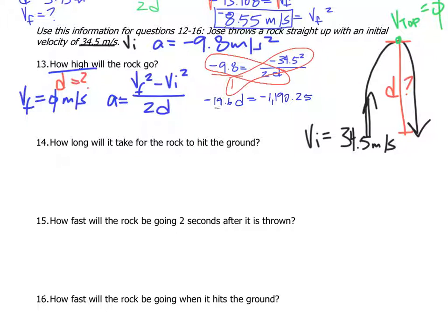So I'm going to divide both sides by negative 19.6. And I get D all by itself. And a negative 1,190.25 divided by a negative 19.6 gives me a height or vertical distance of 60.73 meters.